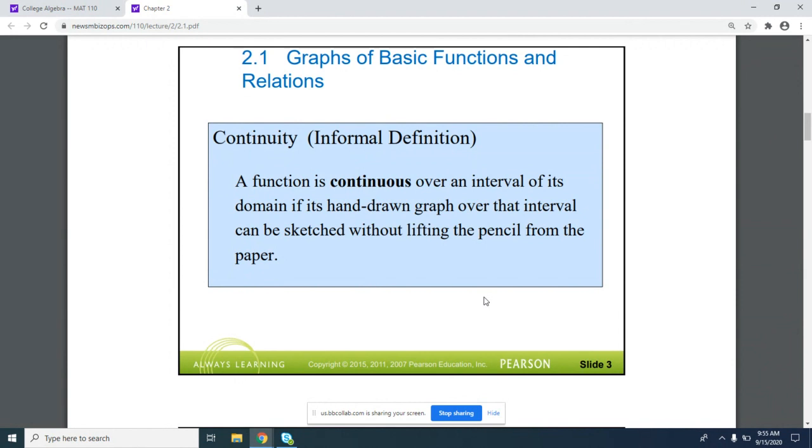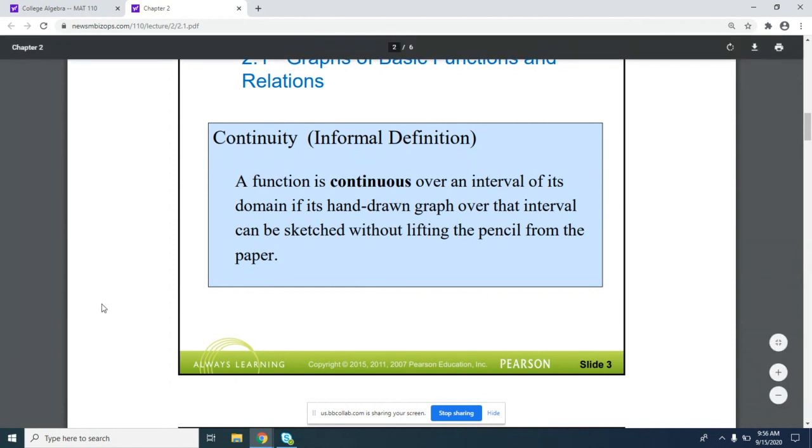All of the graphs that we've looked at, these first 5 graphs so far, are continuous, because you can put your pencil on the graph and trace the entire graph without removing the pencil from the paper. So the linear, quadratic, cubic, square root, and absolute value equations are all continuous.